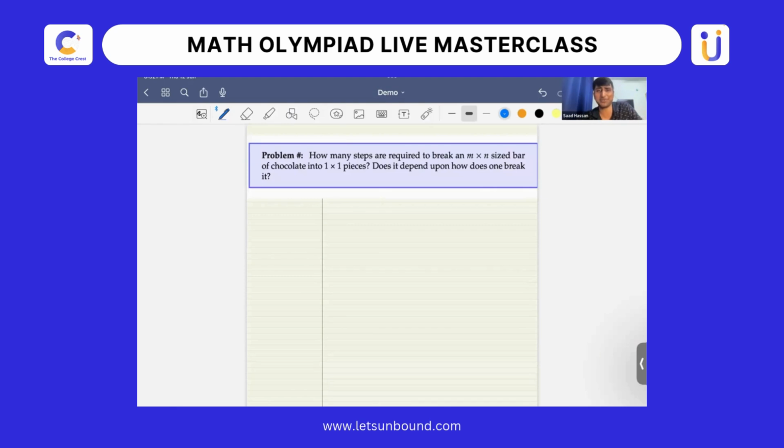It seems to be a very interesting one. If I were to give you a chocolate bar of m by n size, and you want to break it into small pieces of 1 by 1, how many steps would that require?